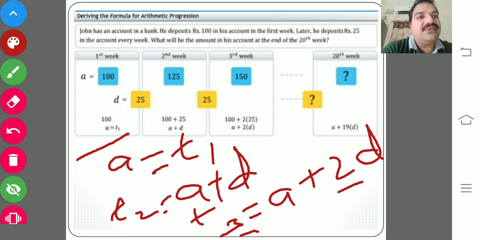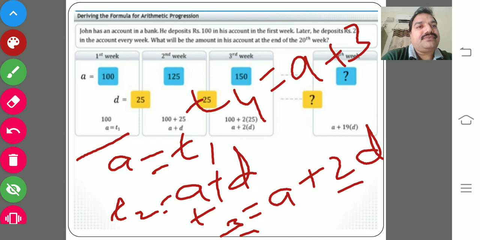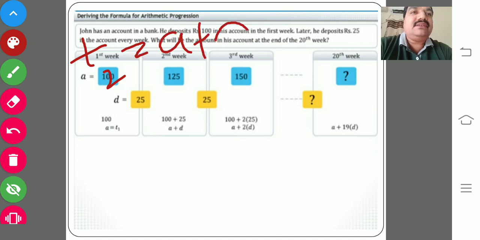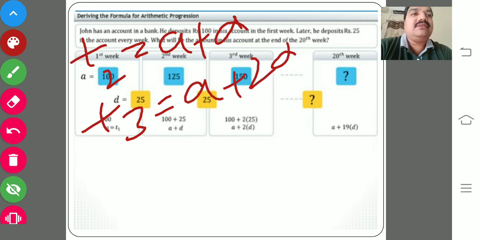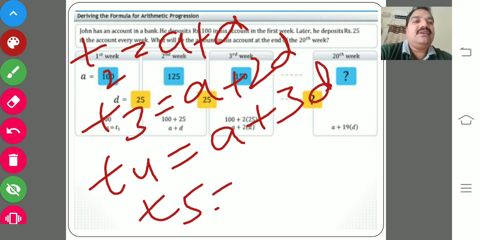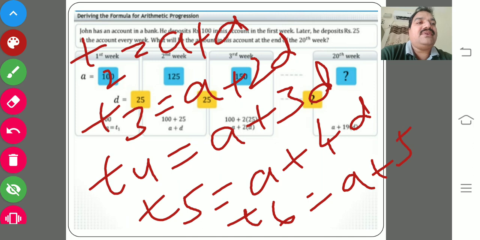So T4, now you can easily say A plus 3D. T2 is A plus D, T3 is A plus 2D, T4 is A plus 3D, T5 A plus 4D, T6 A plus 5D.